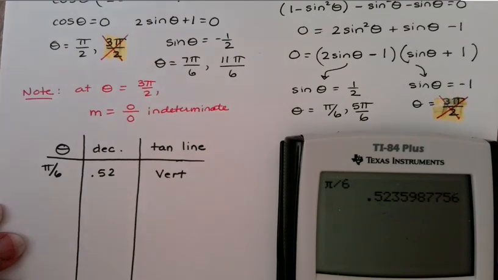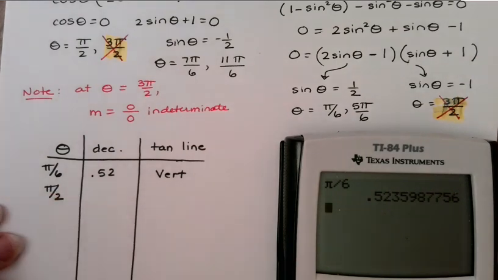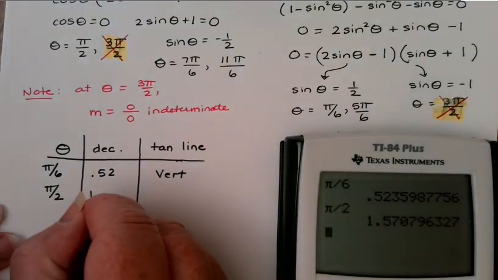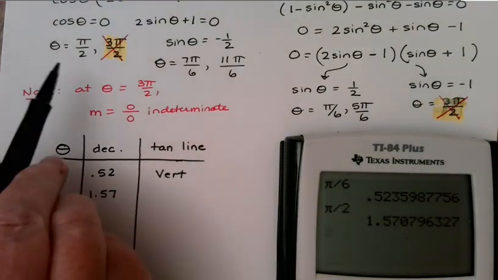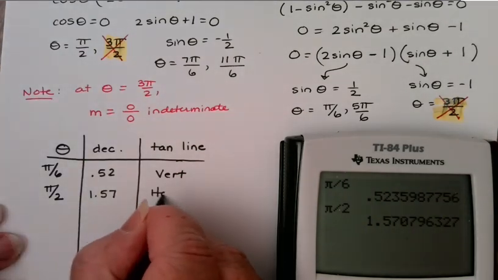Next biggest value would be pi over 2. On the calculator, that's about 1.57. And pi over 2 came out of the horizontal tangent line column.